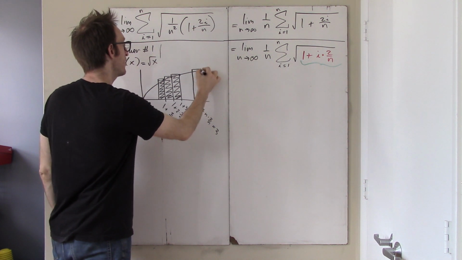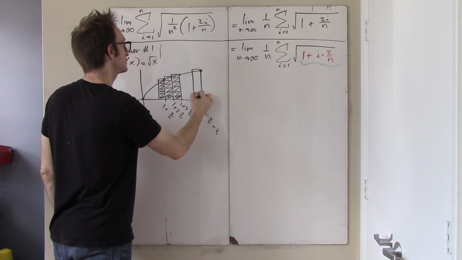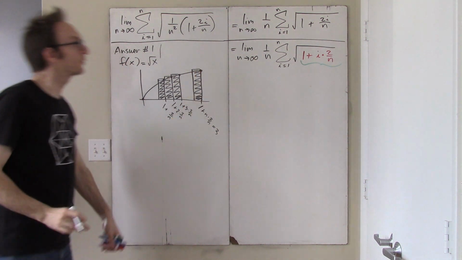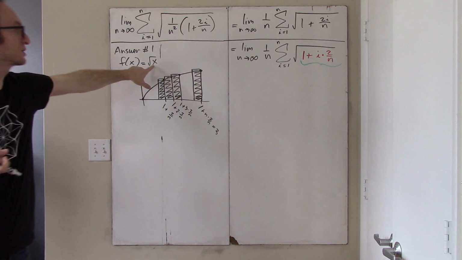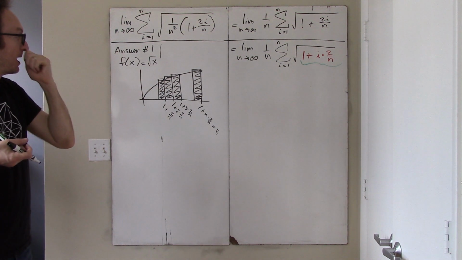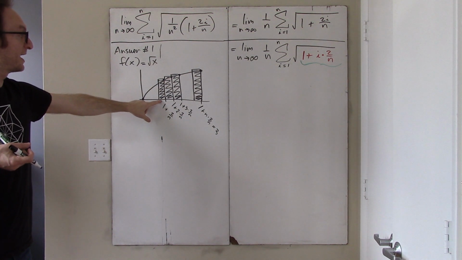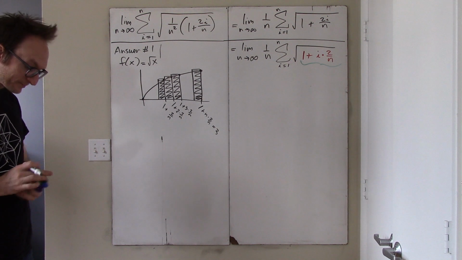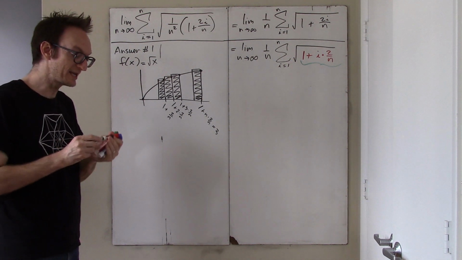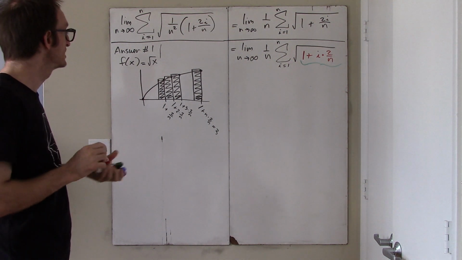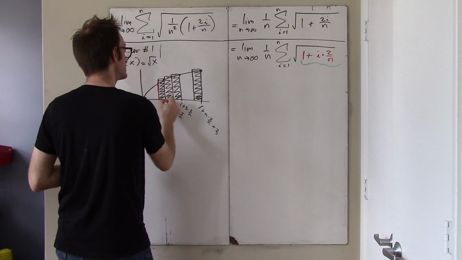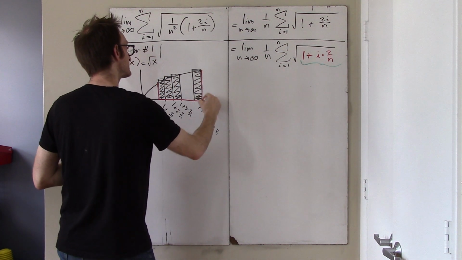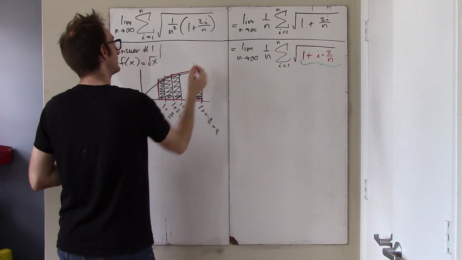Okay, and so I'm now getting pretty close to realizing what is going on, which is that I have some function. The function is root x. The area that I seem to be attempting to find is the area from 1 to 3 under this root x function. So I'll now sort of outline this in red.